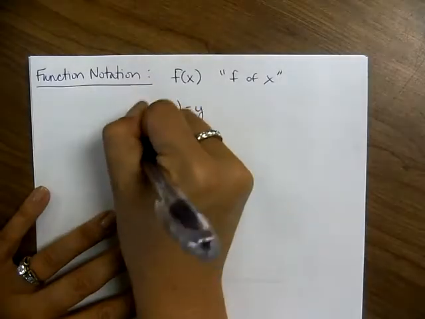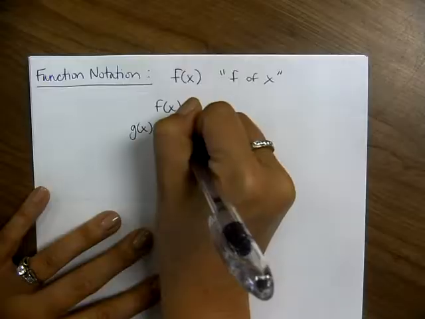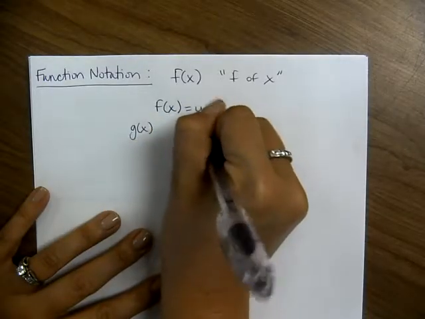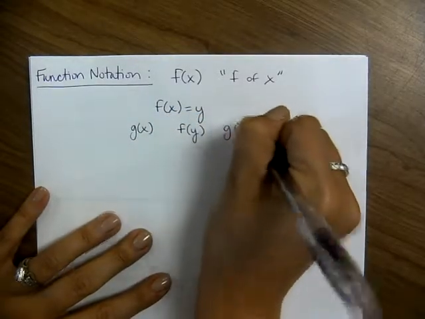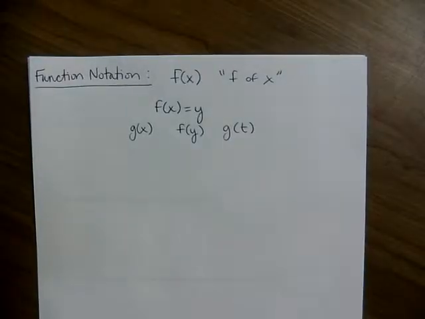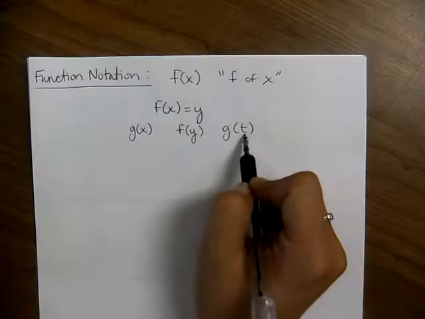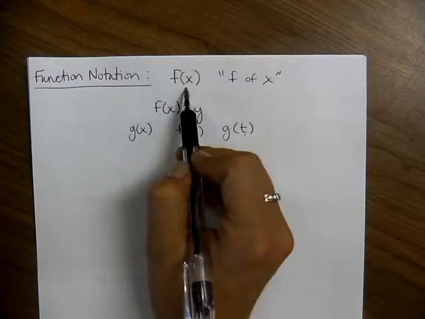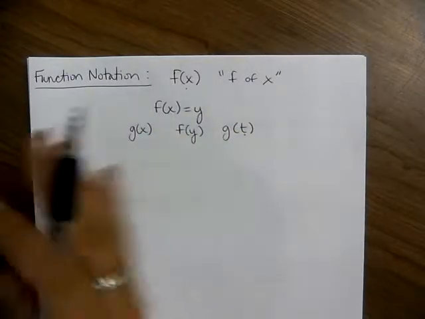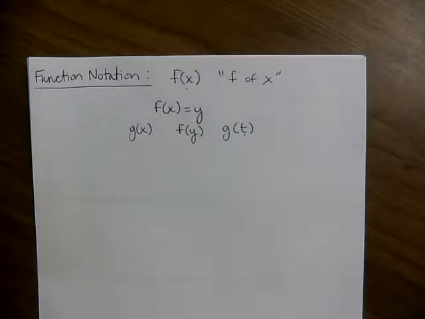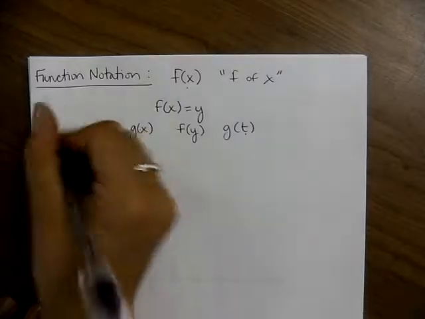You could also see it like g of x or f of y or g of t. It doesn't matter. This is just function notation. Okay, so when we see that, we know here is our input, right? In this case, x is our input, and then that function evaluates x and then gives us an output. Okay, so that's all that's telling you to do there.